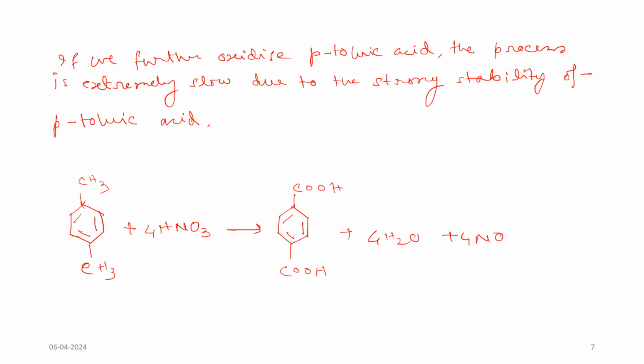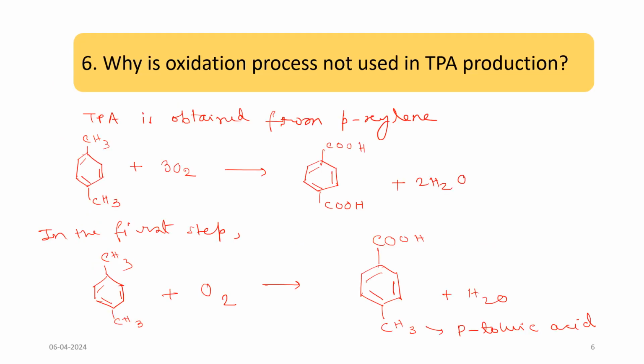So we have to use another way, that is the nitric acid, or some other kinds of promoters to increase the speed of the process. Okay, that is why paraxylene is not directly oxidized to produce TPA, that is the terephthalic acid.